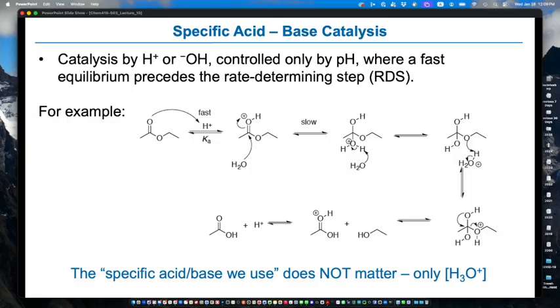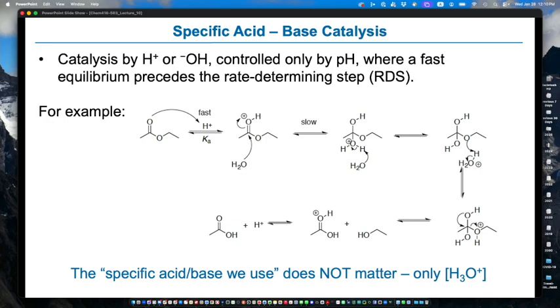It's the backwards version of the Fischer esterification, right? Under acidic conditions, with water, you're just doing the reverse of Fischer esterification, like saponification under acidic conditions. Everybody's seen this kind of thing before. Why we say specific acid catalysis here is, I don't care what acid you add, it's just protons. So I could use sulfuric acid, phosphoric acid, HCl.